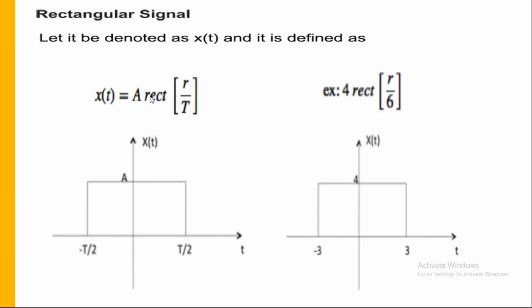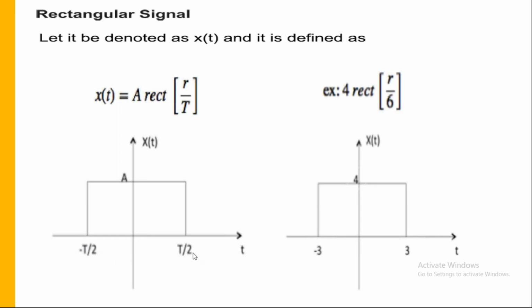Now observe this waveform. Here we have a rectangular function which exists from minus T by 2 to T by 2. The total period for this is T. You may ask how you can calculate this total period. Let us assume this as t1 and this as t2.